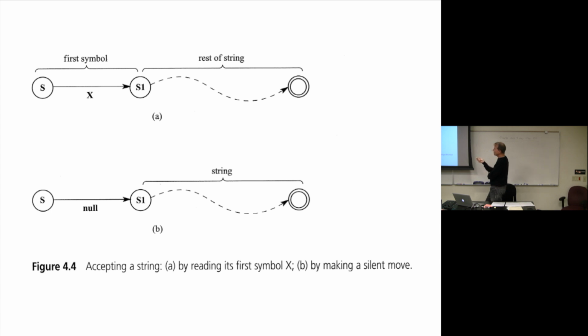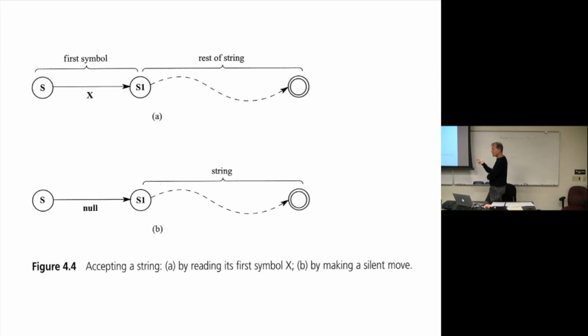Because look, what are we saying? What does this figure 4.4a say? It says that we should be able to accept our arbitrary string if we are in state S and our first symbol is X and it takes us to S1, and then that should succeed if what?